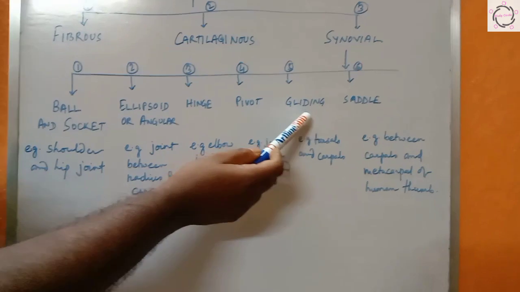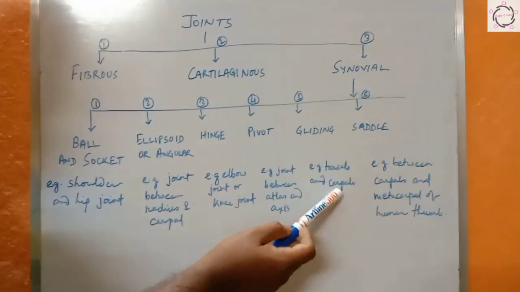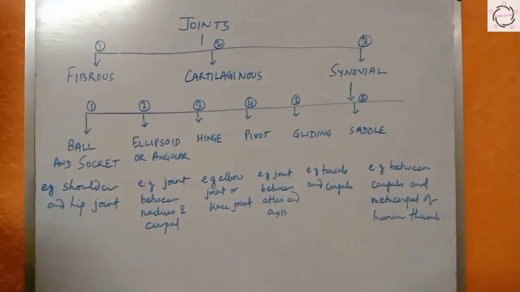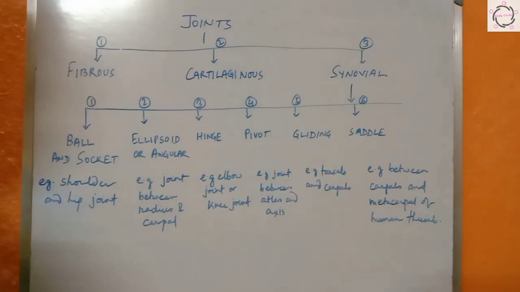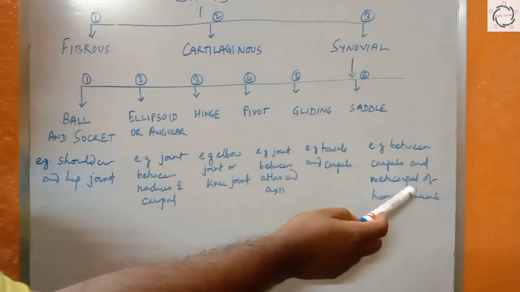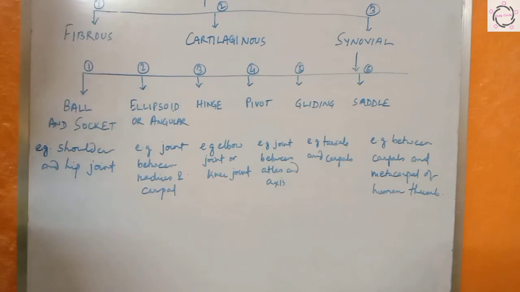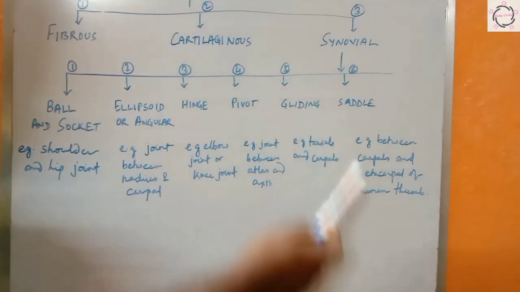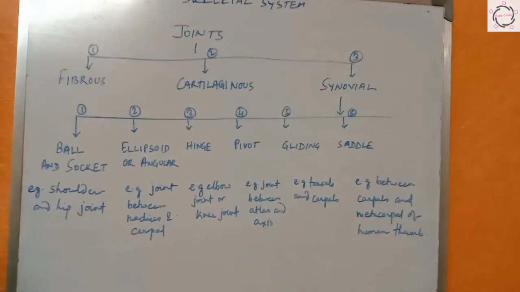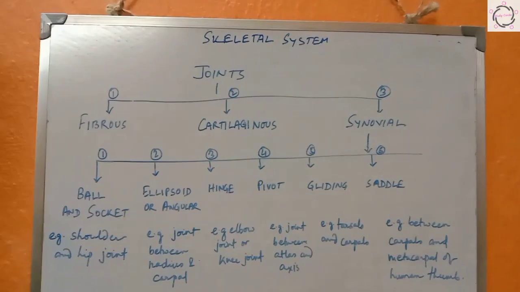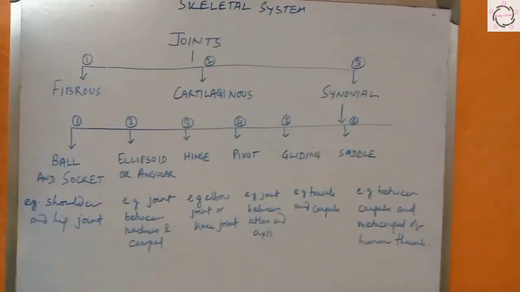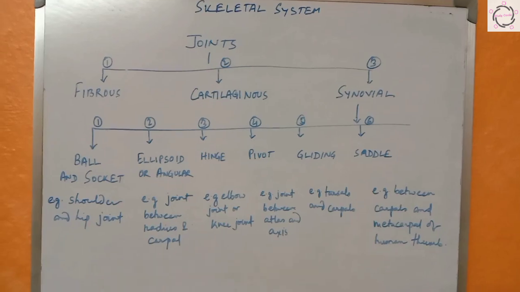Number 5 is gliding joint, for example between tarsals and carpals. Number 6 is saddle joint, for example between carpals and metacarpals of the human thumb. So altogether, these are the joints in brief in a schematic diagram.